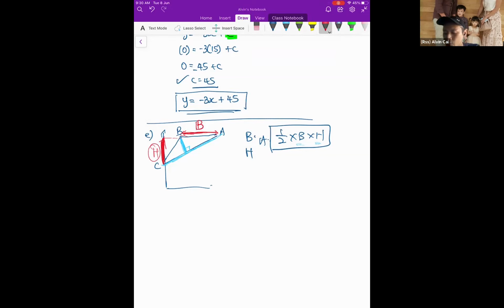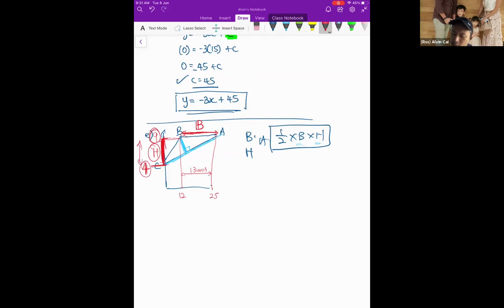Okay, so once you have this base and this height, because we have all the coordinates, we can use the coordinates. This is 12, this is 25. We know that this is actually 13 units. We just now found it, it's in fact 13 units, and the height. Based on the coordinates, the y value of this B is 9, and the coordinates of this C, the y value is 4.